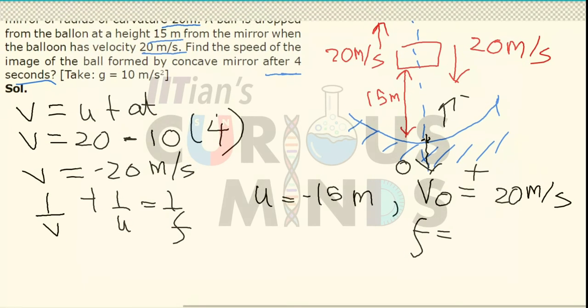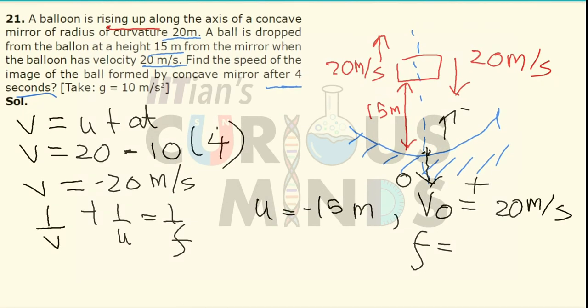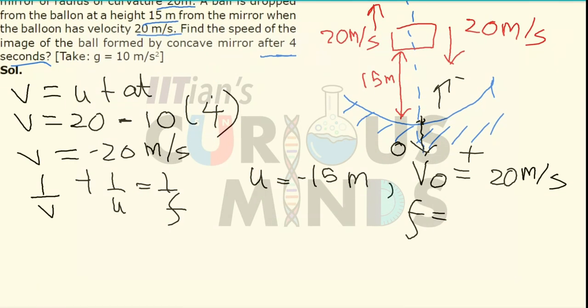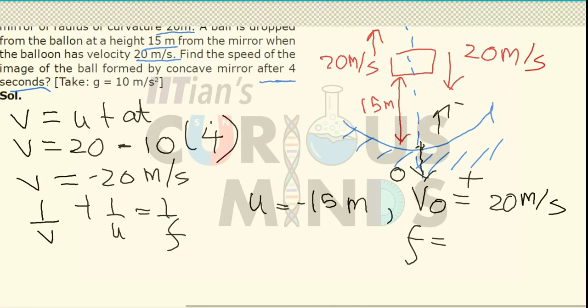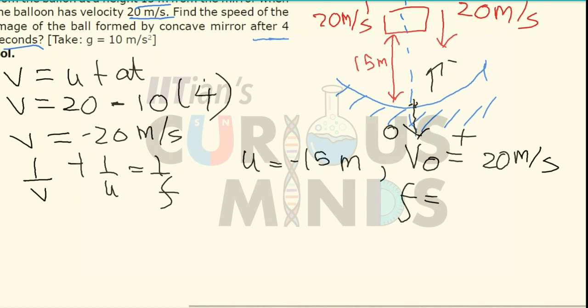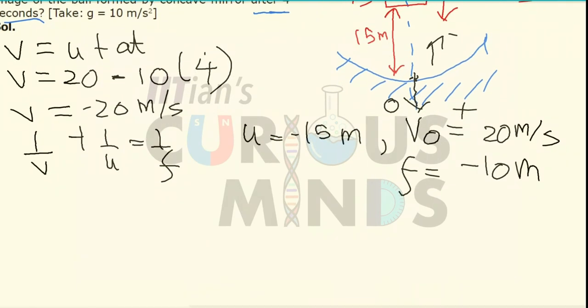The radius of curvature is given as 20 meter, so the focal length will be equal to 10 meter. Since it is a concave mirror, it will be equal to minus 10 meter. Let us substitute the value and first get the value of v.